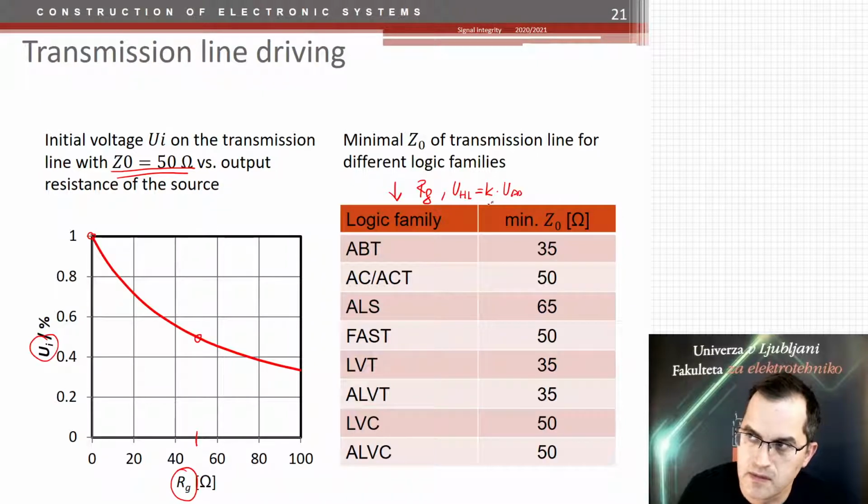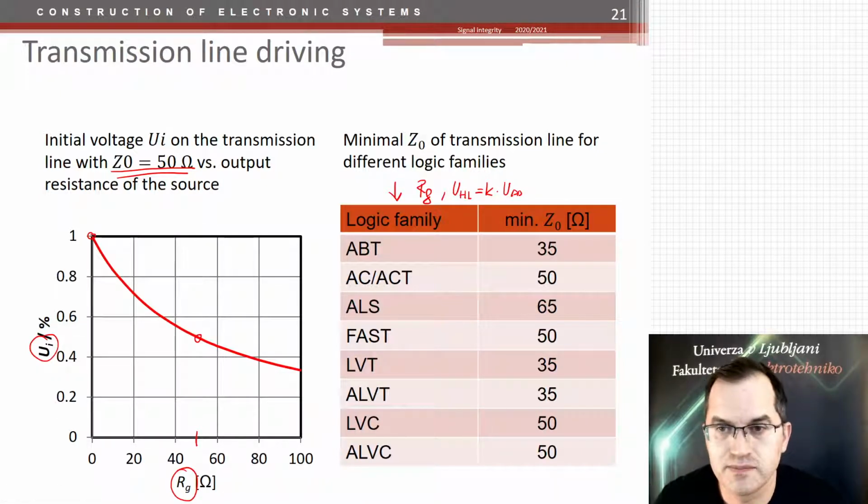So how much is the high voltage level? These two values are known for these different logic families, and they determine the minimum impedance of transmission lines which can be used with these logic families.